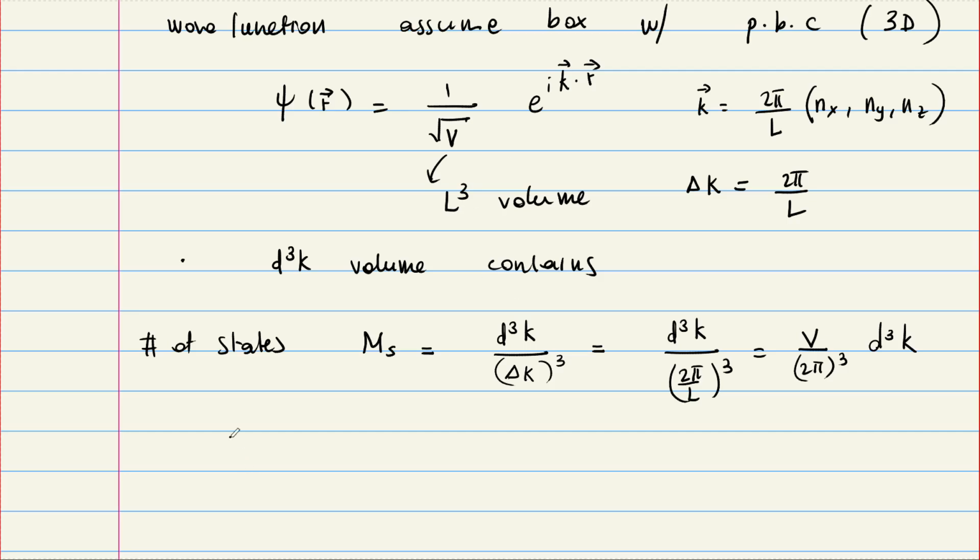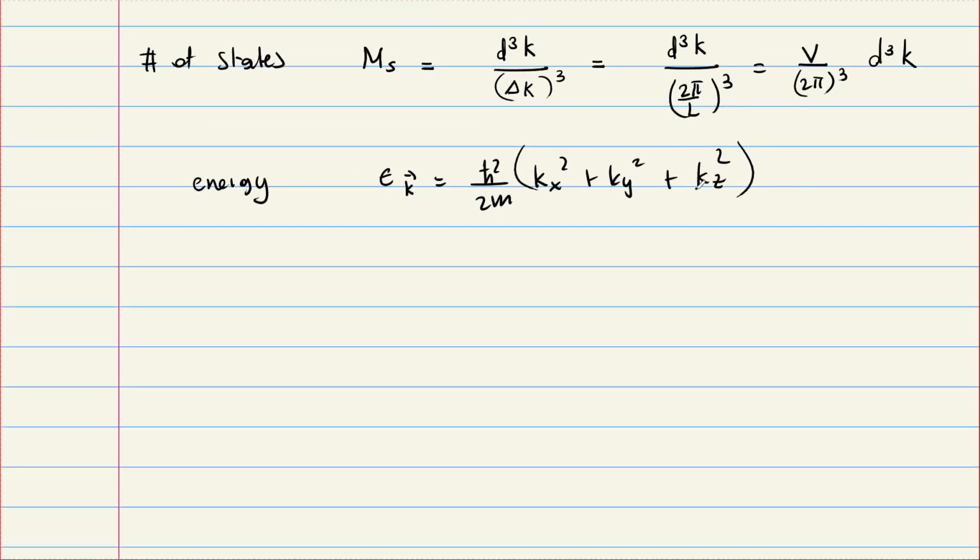For this wave function, the corresponding energy: typically we want to write things in terms of energy, not the wave vector. So we want to change the variables to energy, and energy in this particle in a box problem is epsilon of k equal to h bar squared over 2m times kx squared plus ky squared plus kz squared. You can see this is an equation for a sphere.